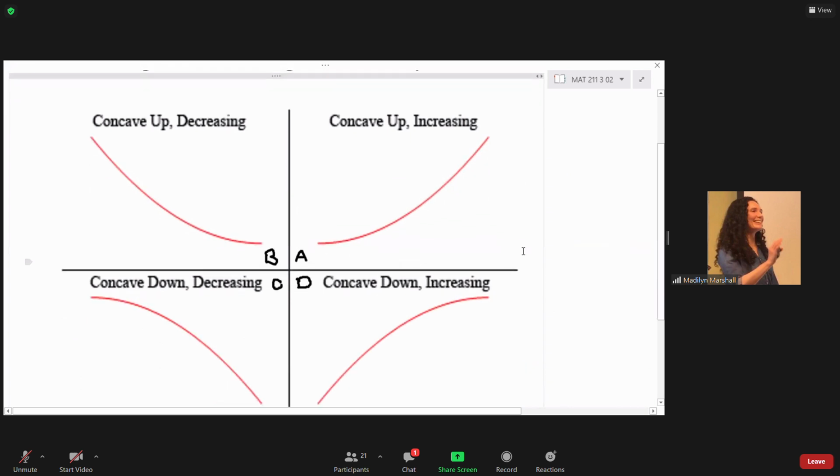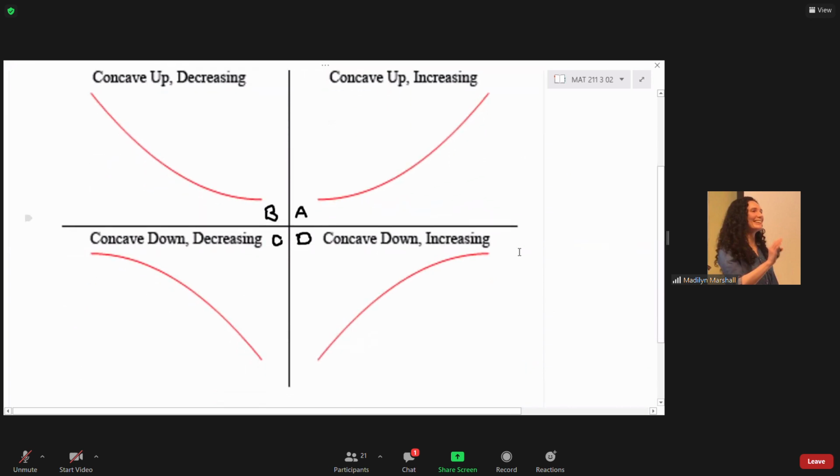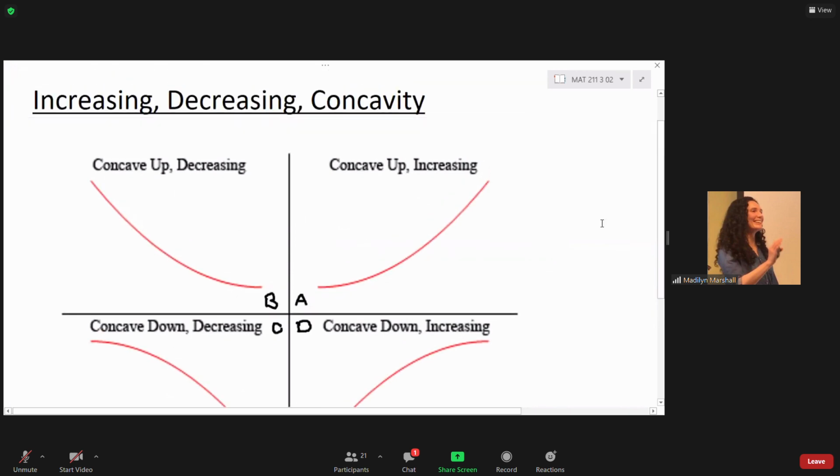So here are four parts of graphs. All graphs that aren't lines, so if they have flat parts then this doesn't apply, but any graphs that are curvy are made up of these four types of pieces.